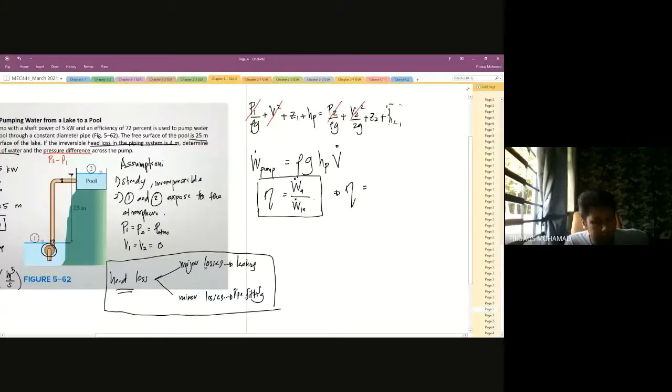Okay, so efficiency untuk pump, yang actual dia kat mana? Actual dia maknanya yang delivered by the pump.